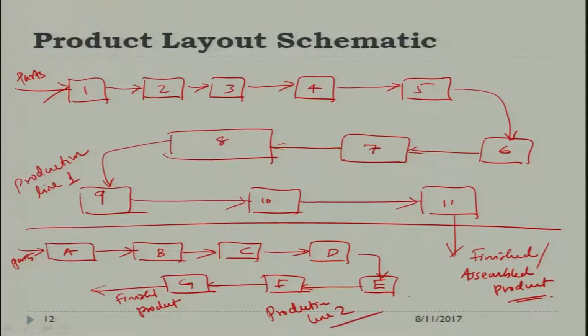This is finished product 2, and this will be finished product 1. So, for each type of product you will have specific assembly lines or dedicated production lines. That is why it is called a product layout, because the layout is by the product; the machines are arranged by the product. Since you are only producing that particular product on a production line, it is easy to implement efficiency or improvement measures.